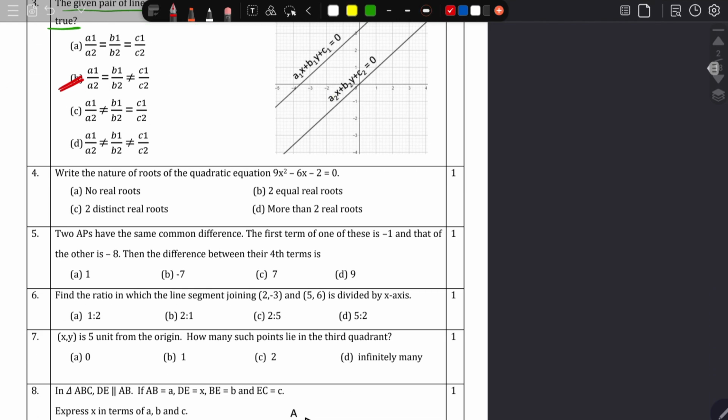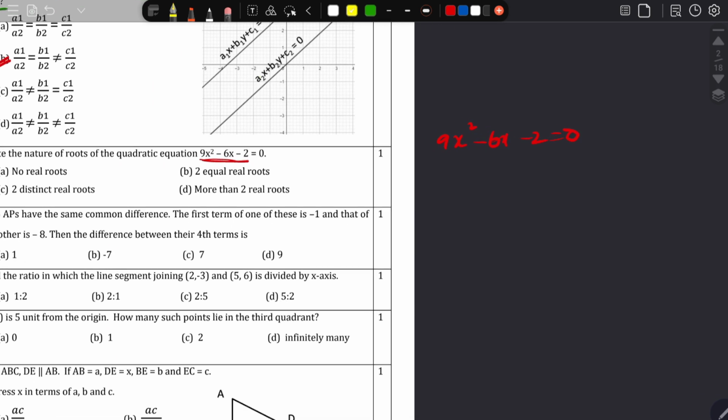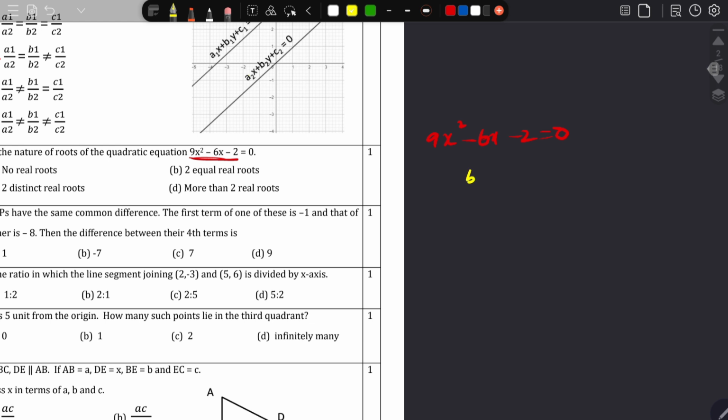Question number 4. Write the nature of the quadratic equation given as 9x square minus 6x minus 2 equal to 0. The nature of a quadratic equation can be found by using the discriminant formula b square minus 4ac.